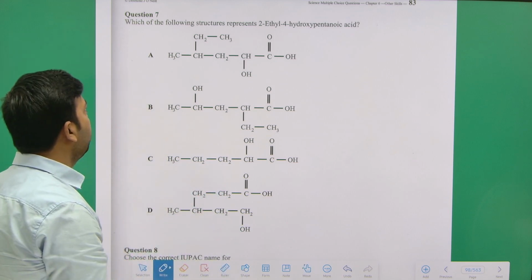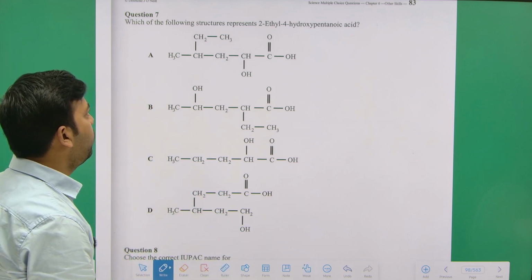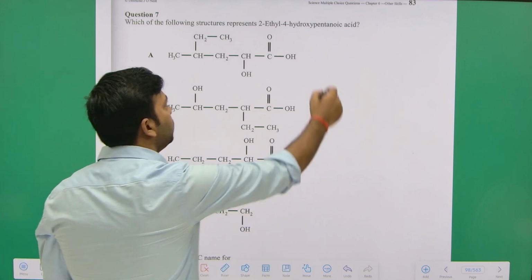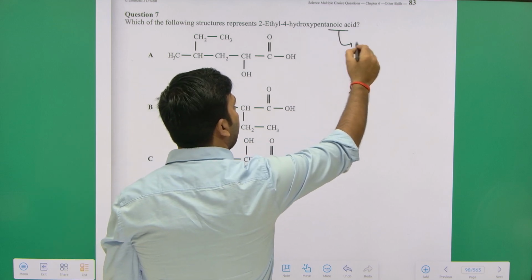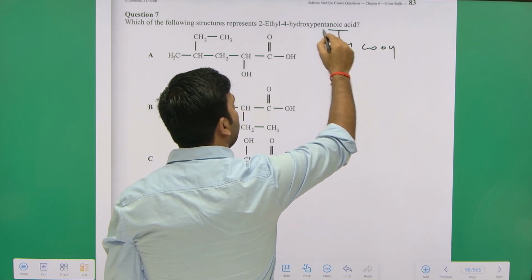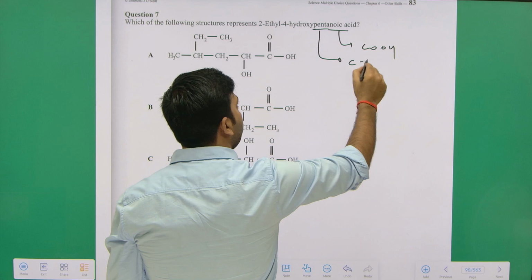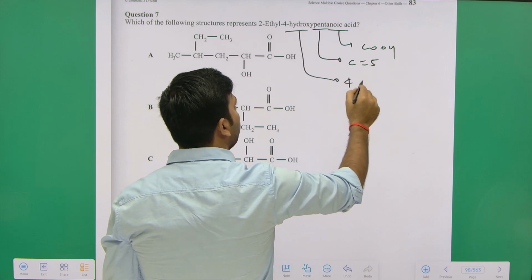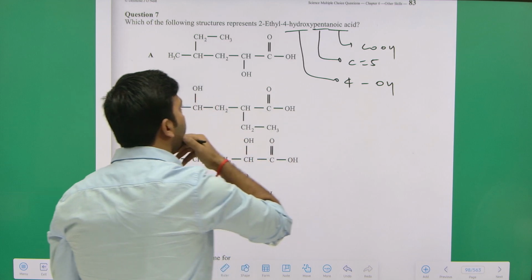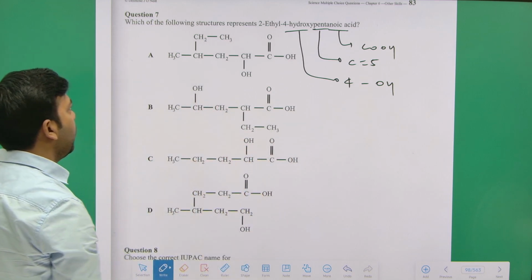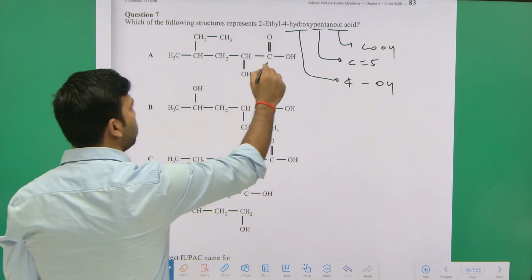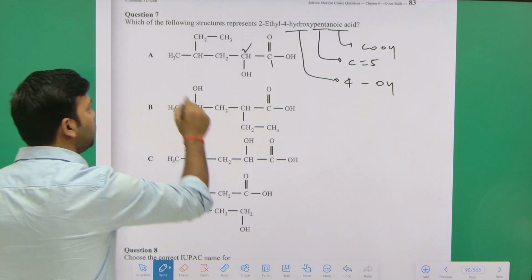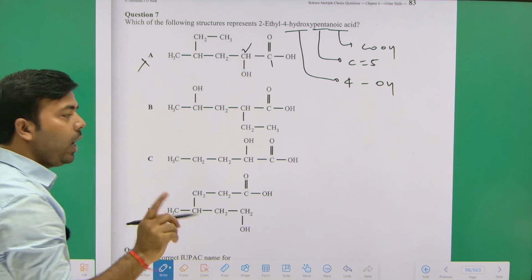Okay, it is saying the structure represents 2-ethyl-4-hydroxypentanoic acid. So pentanoic, oic means carboxylic. Pent means 5 carbon in the word root, hydroxy means the 4 position has OH, clear, and number 2 has ethyl. So carboxylic and alcohol. Carboxylic is my 1, so number 2 is OH, so this is wrong because it is saying 4-hydroxy.